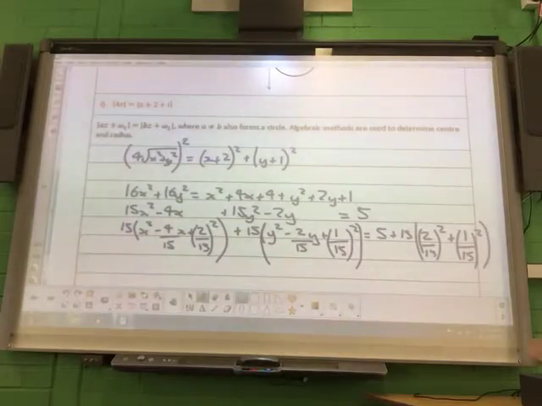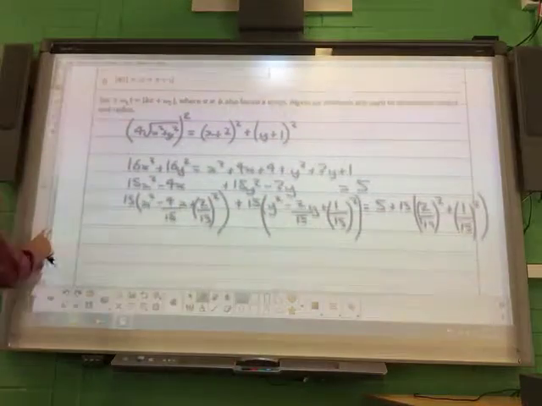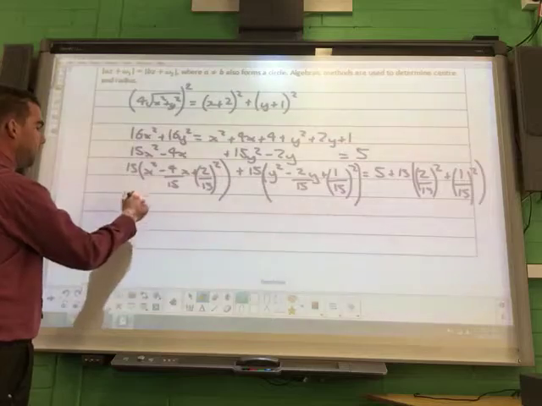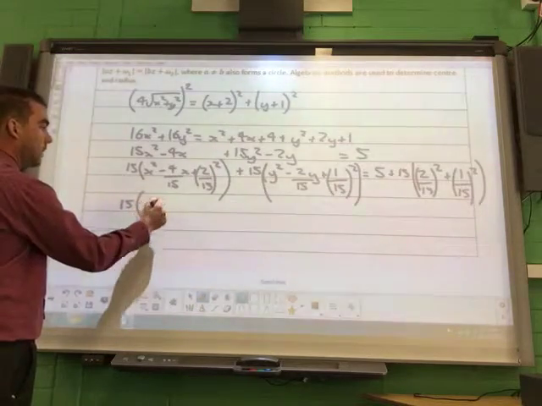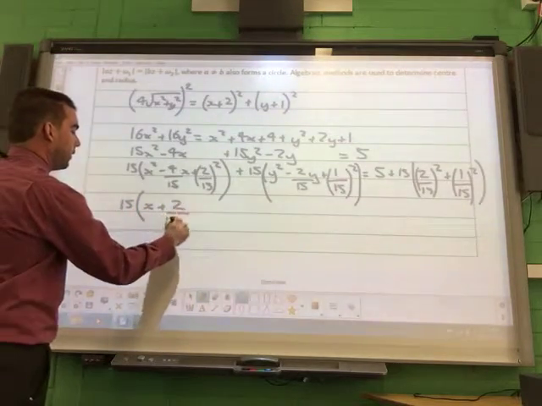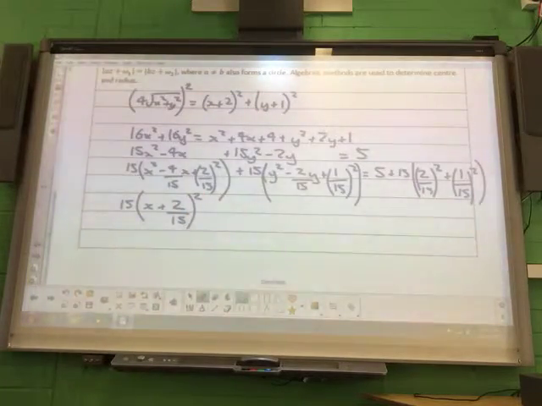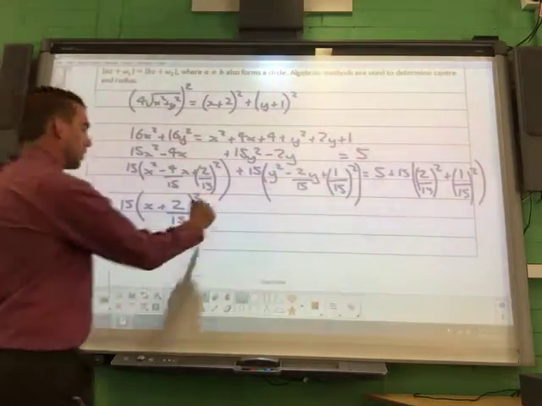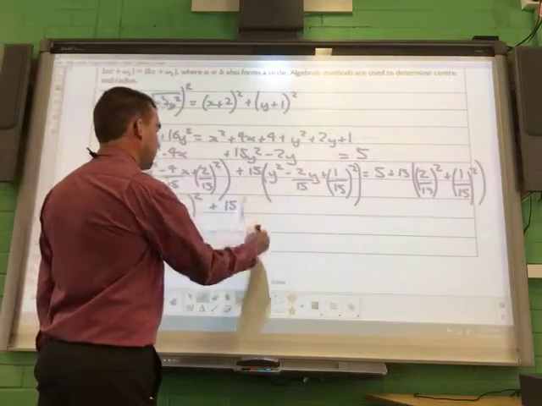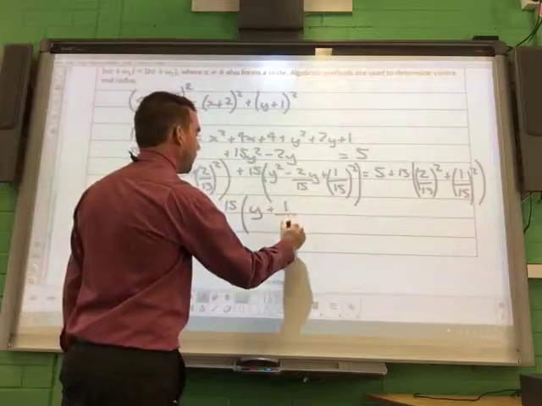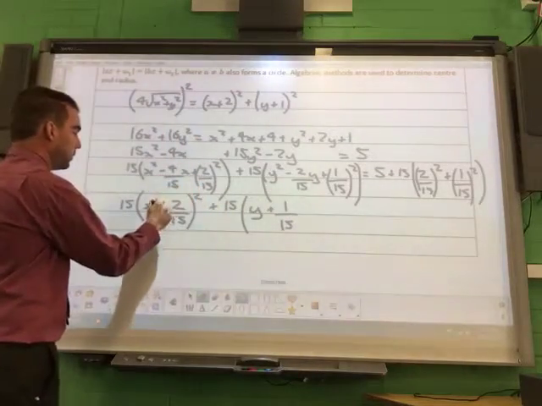Yep. Alright. So 15, we've got x plus 2 over 15 all squared. I've set it up so I can do this. Plus 15, y plus 1 on, sorry, we've got to watch the sign in the middle.